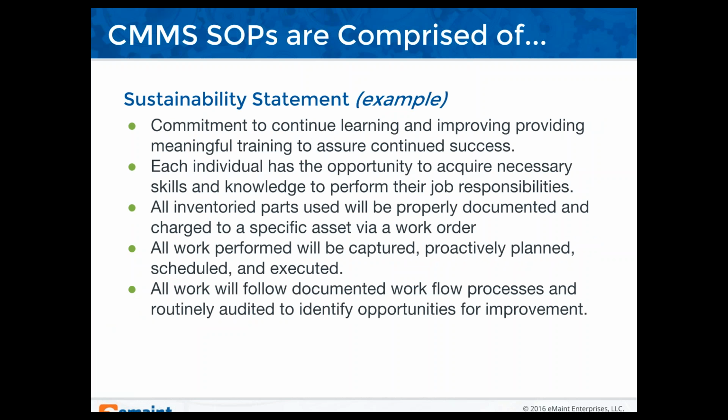That each individual has the opportunity to acquire the necessary skills and knowledge to perform their job responsibilities, that all parts used will be properly documented and charged to a specific asset or a work order, that all work performed will be captured proactively, planned and scheduled and executed, and all work will be followed and documented, workflow processes and routinely audited to identify opportunities for improvement.